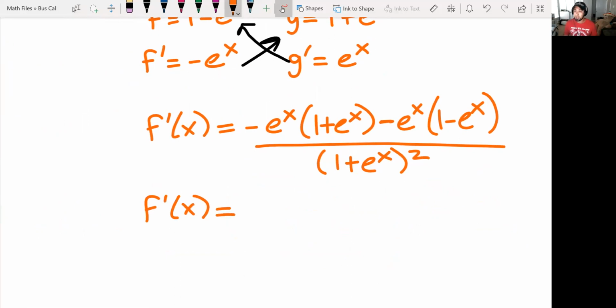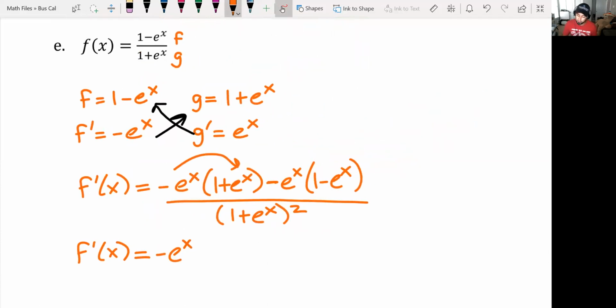and distribute. Negative e to the x times 1 is negative e to the x. Negative e to the x times e to the x. Okay, so that's going to use your exponential properties.